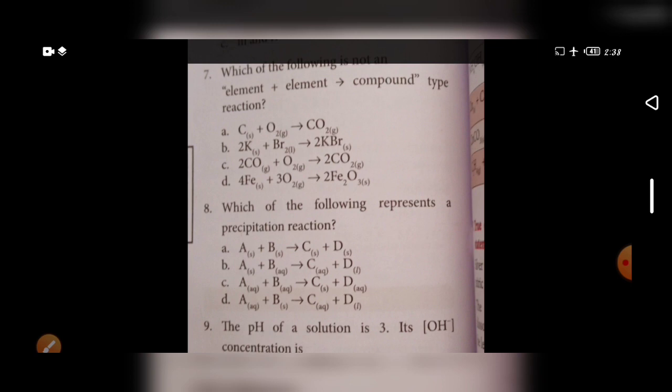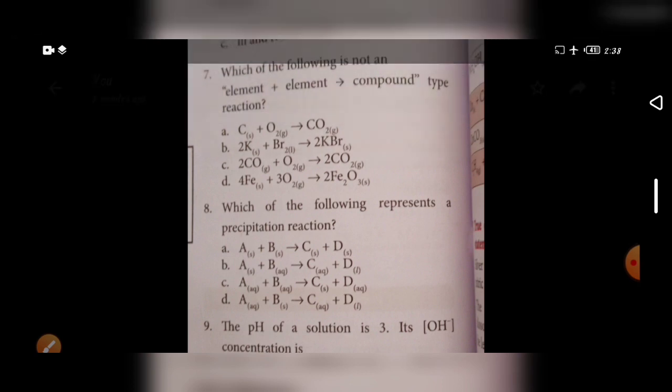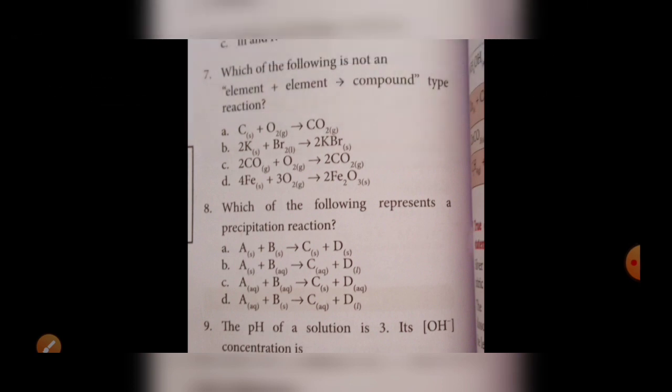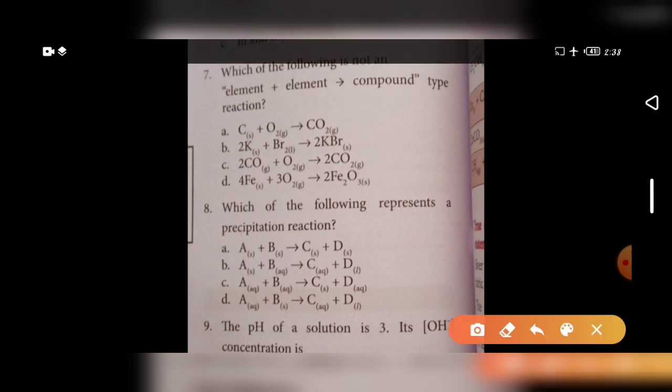One of the products must be solid, and the reactants must be aqueous solutions. See here, C option: A aqueous, B aqueous, C is solid and D is aqueous. So C option is the correct option. The remaining options are wrong.